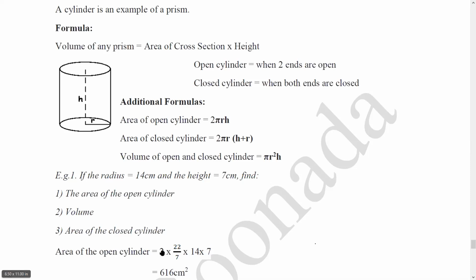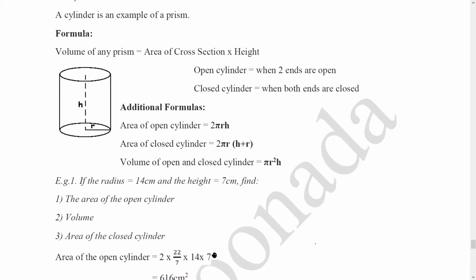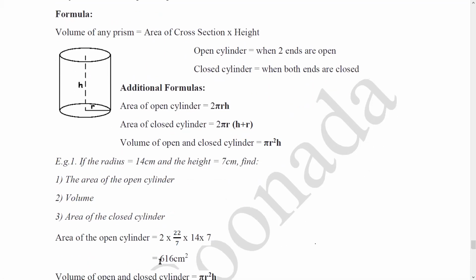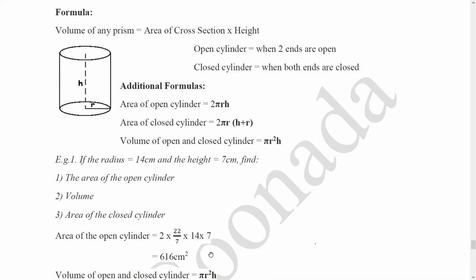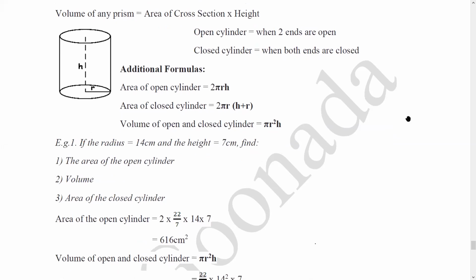Okay, so the area of an open cylinder is 2 pi r h. So the answer is correct, 616 centimeters squared.